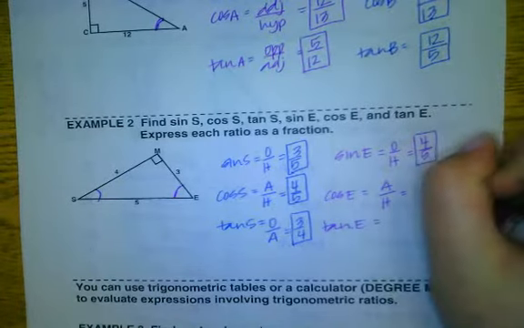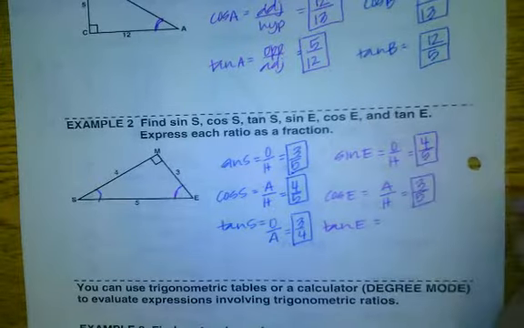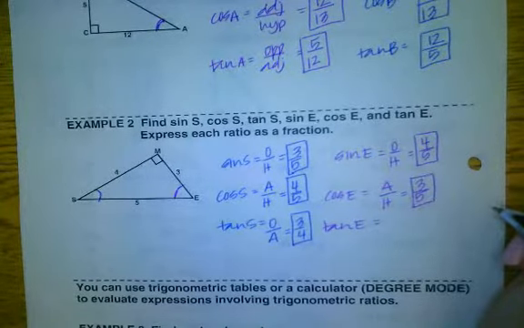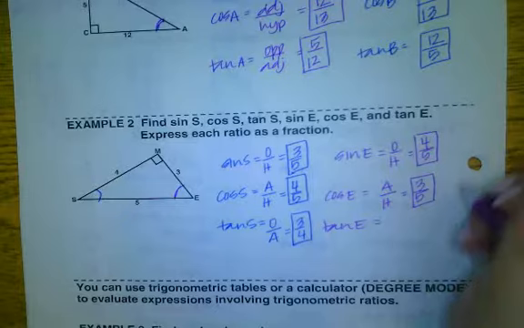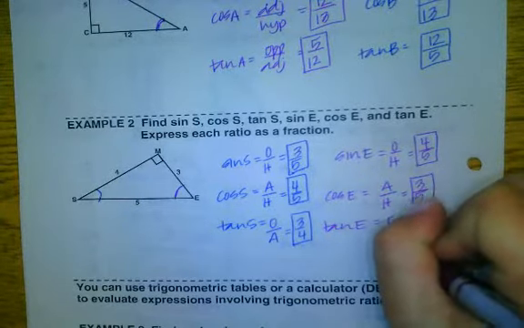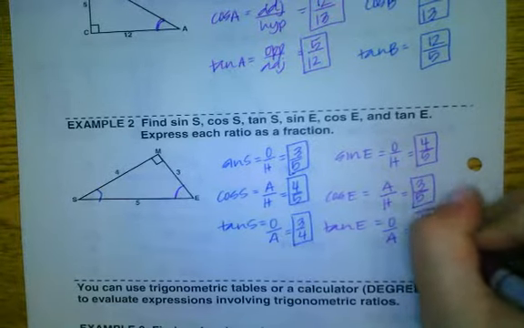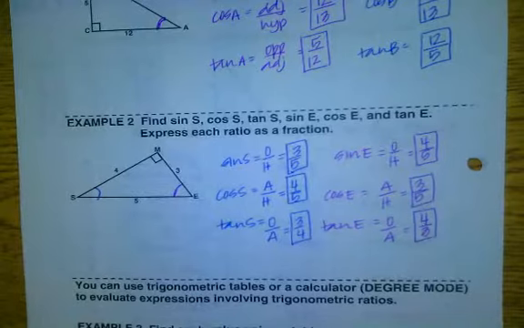Do we agree with him? Yes, okay, awesome. Devin, tangent, how do we find it? And the ratio? 4/3. Very good. Any questions on writing ratios now that we've thrown in some numbers?